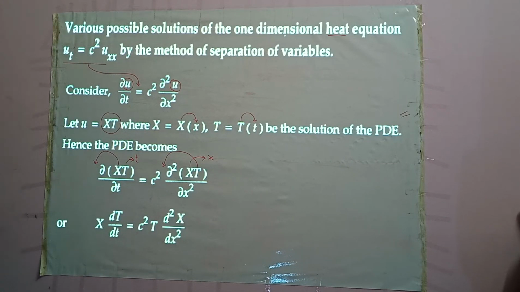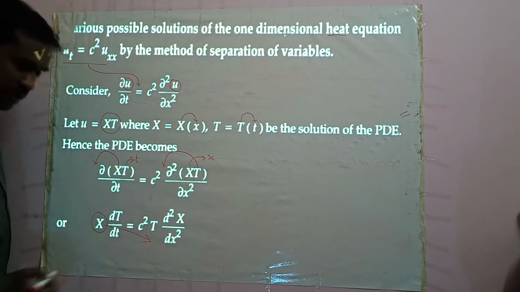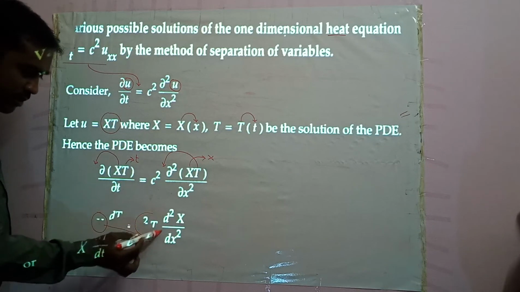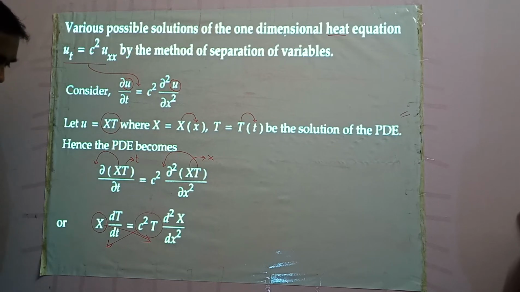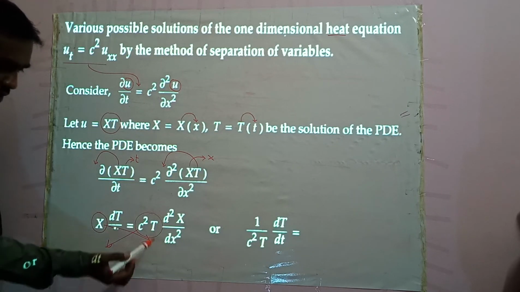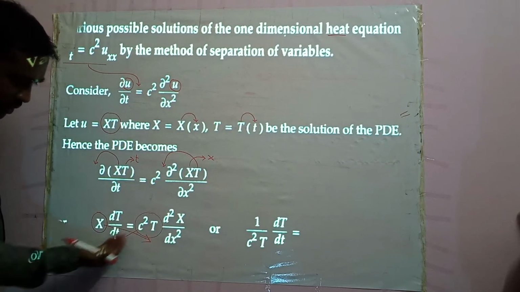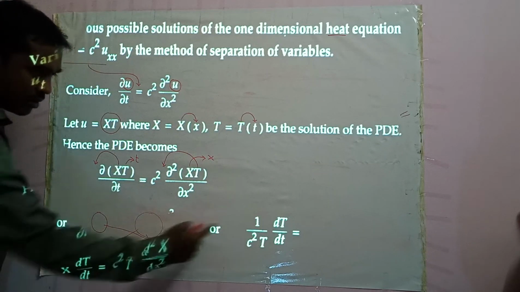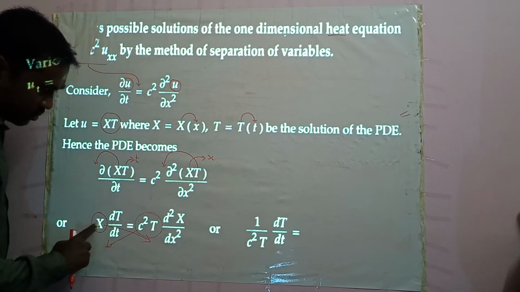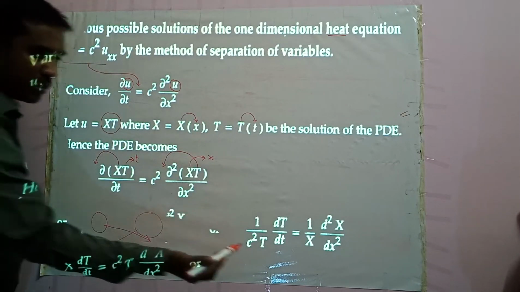Now we need to separate the variables. Let us cross multiply X to this side and c² T to the other side. We get 1/(c² T) dT/dt = 1/X d²X/dx².